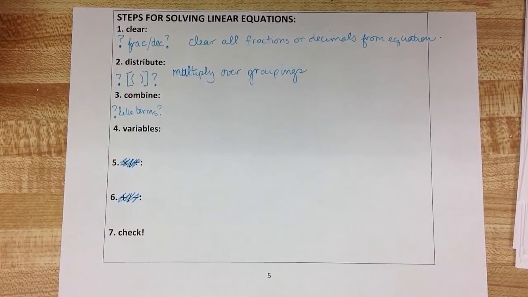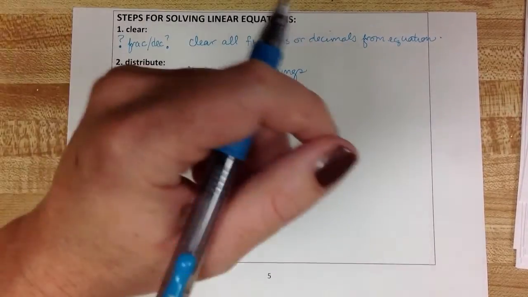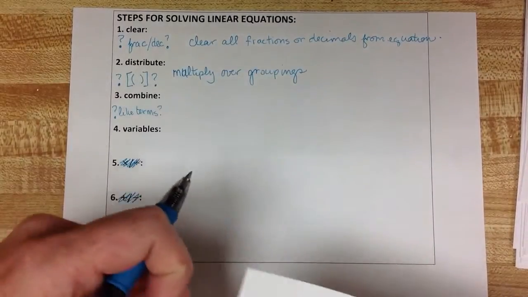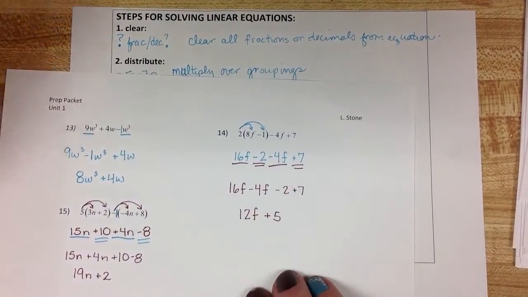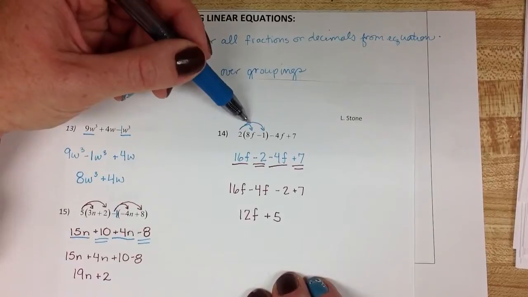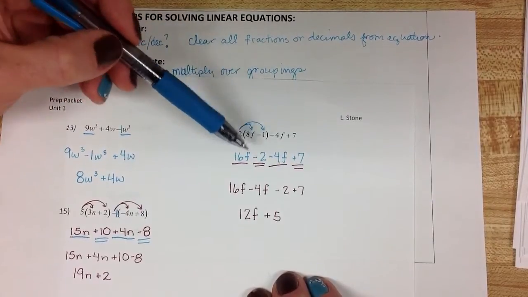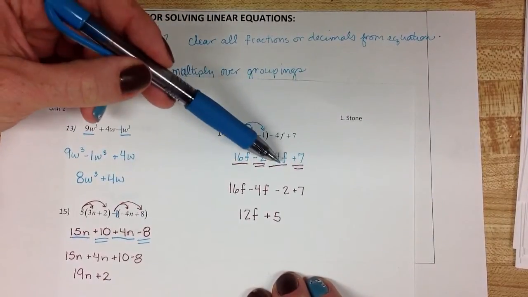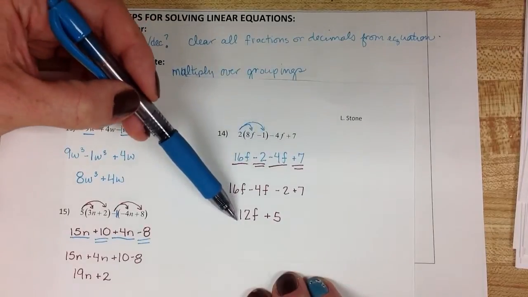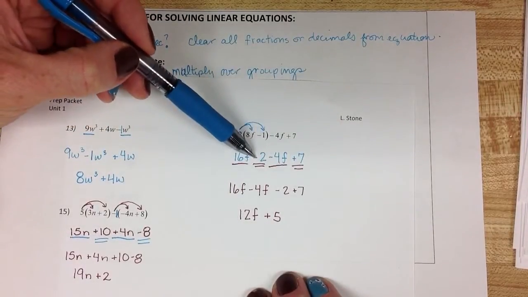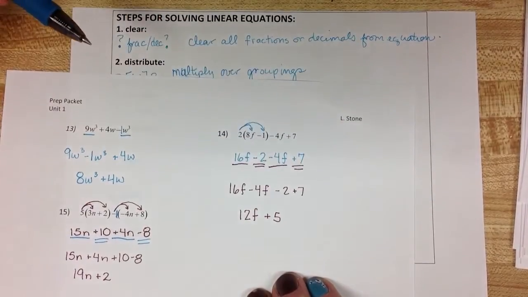And in the previous section on expressions, we learned how to combine like terms. So here's an example of where we did that. You can see us using the distributive property, and then we're combining the 16f and the negative 4f to get 12f, and the negative 2 and the positive 7 to get 5.